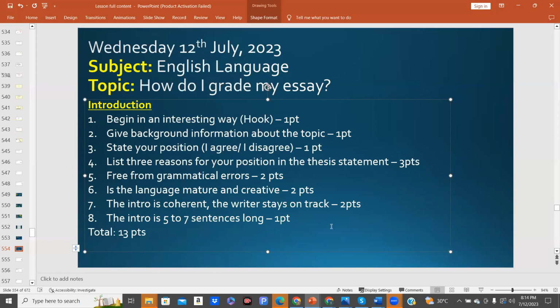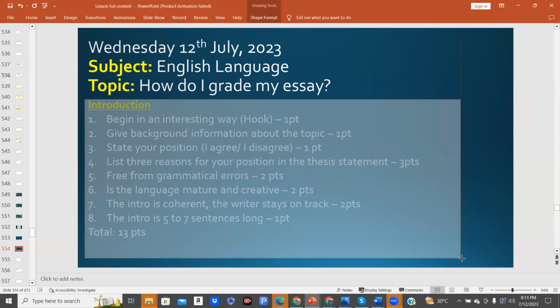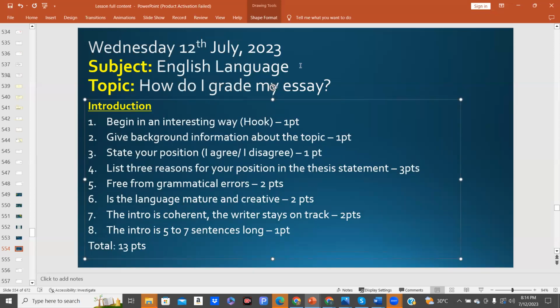So when you give me your introduction, please follow it through the same filter. If you see that you got all the points, then move on to your body paragraph. Because this is exactly what I'm using when I'm marking your introduction. I'm going to ask myself, does it begin in an interesting way? Does this person give some background information? Do they state their position?